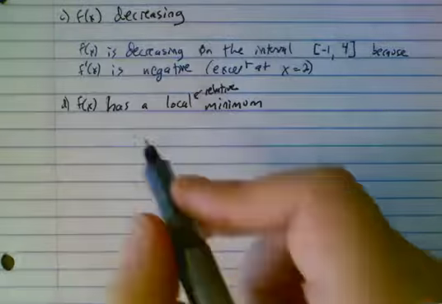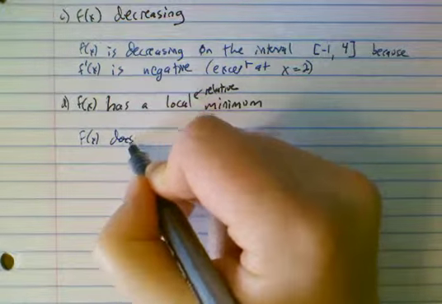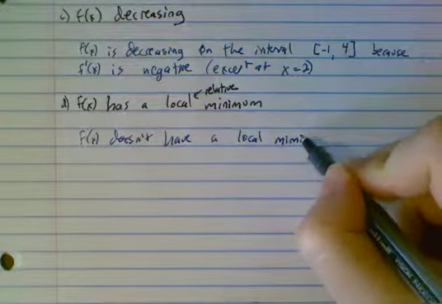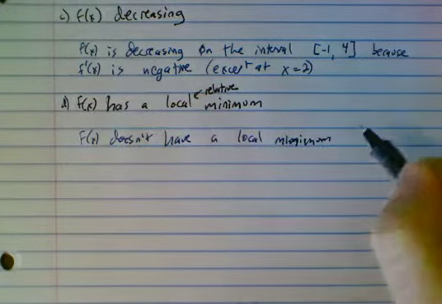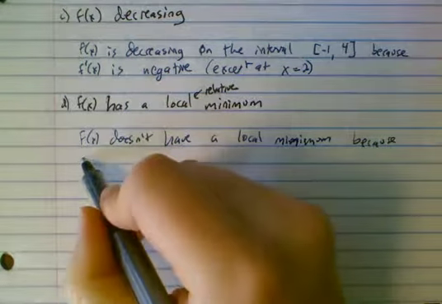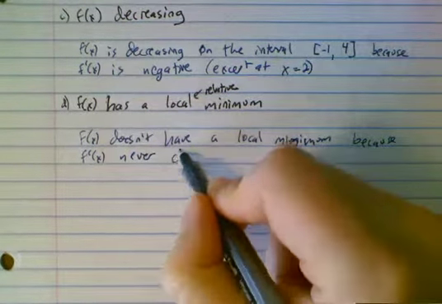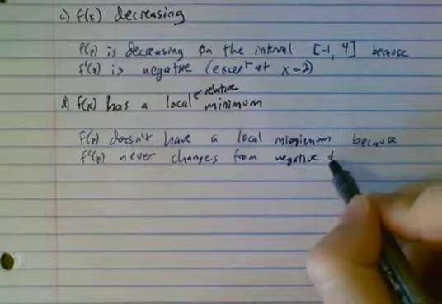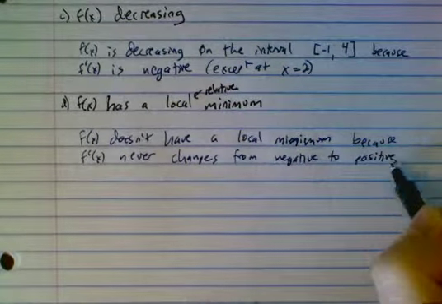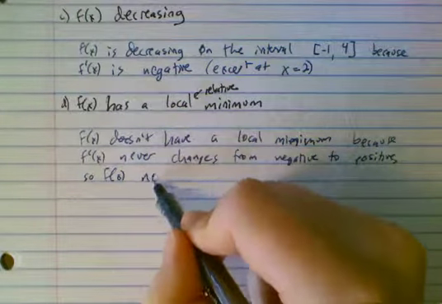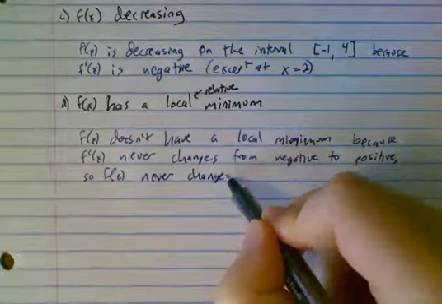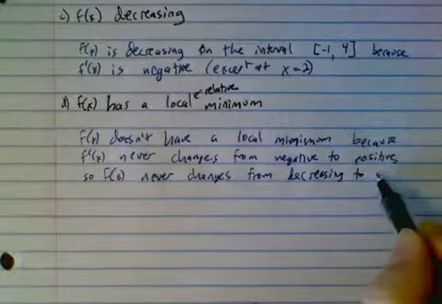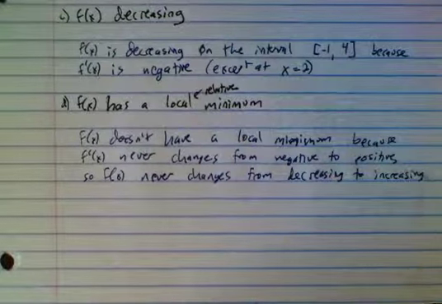So in this case, f of x doesn't have a local minimum because f prime of x never changes from negative to positive. So f of x never changes from decreasing to increasing. And there we go.